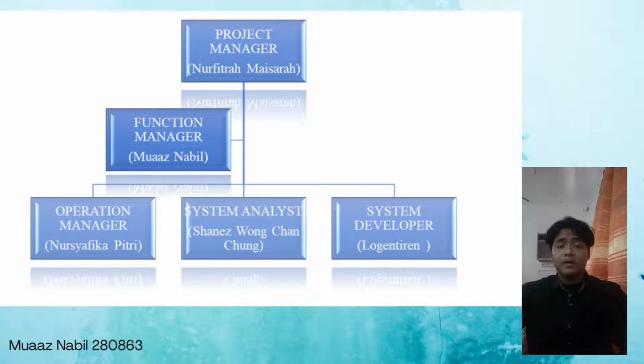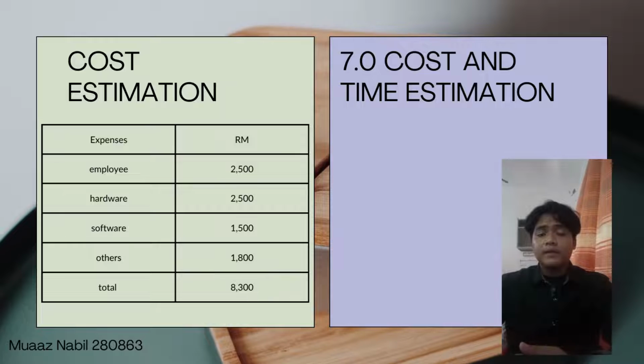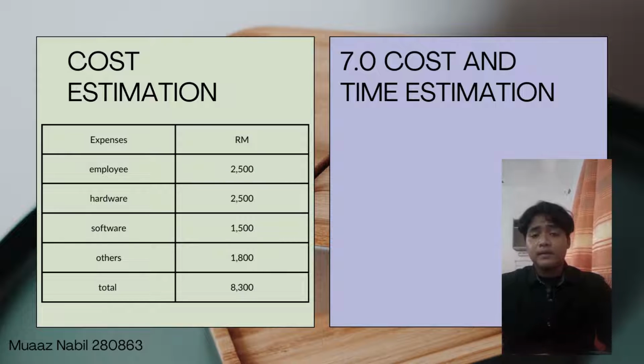This is our group organization chart, which consists of a project manager, function manager, operation manager, system analyst, and also a system developer. Because the business is a small enterprise, the cost estimation of the project is 8,300 ringgit, which consists of expenses for employees, hardware, software, and other expenses that occur in the project.